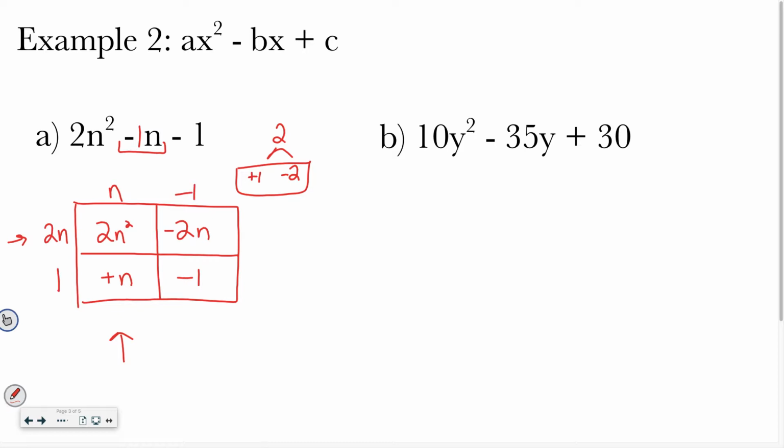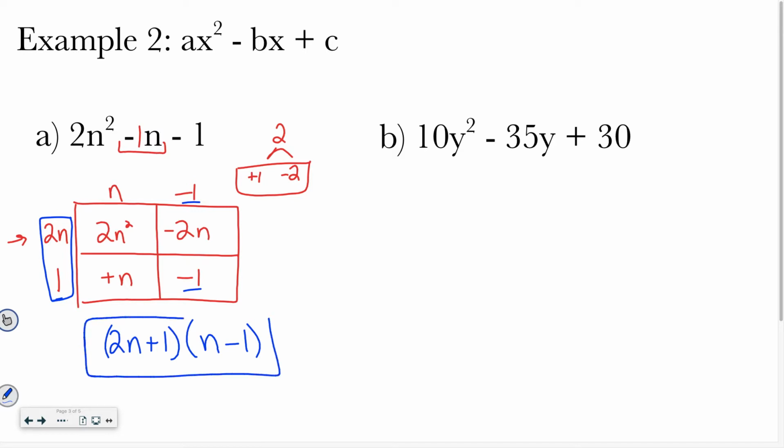And to check to see if I am correct, I can just say, is 1 times negative 1 a negative 1? It is, so I know my answer is correct, and I can say 2n plus 1, that's what I have over here, they're both positive, times n, and then I have a negative 1. So that is my answer for that first one.